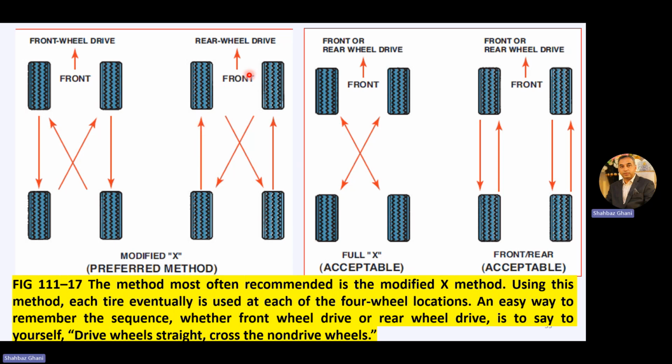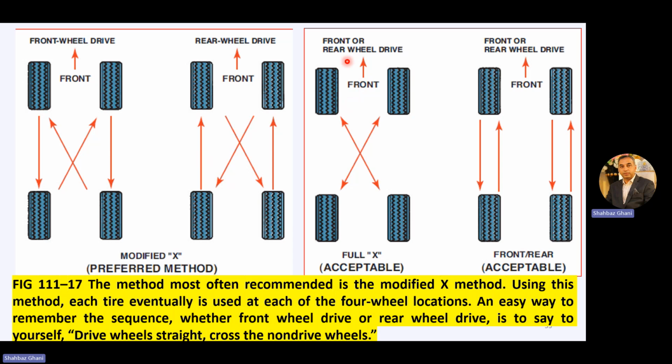For the rear wheel drive method, the rear left goes to the front left, the rear right goes to the front right, and the front both wheels go to the alternate. The front right will go to the rear left, and the front left will go to the rear right. So this is called the modified X or preferred method.